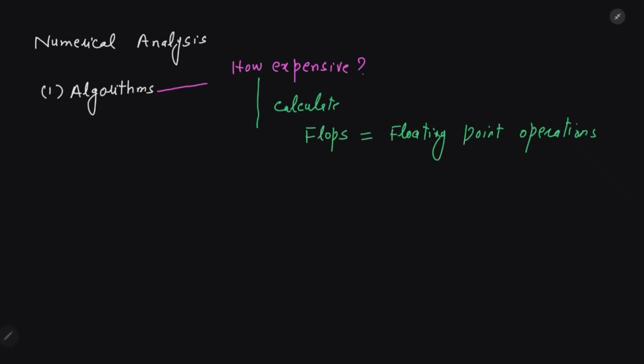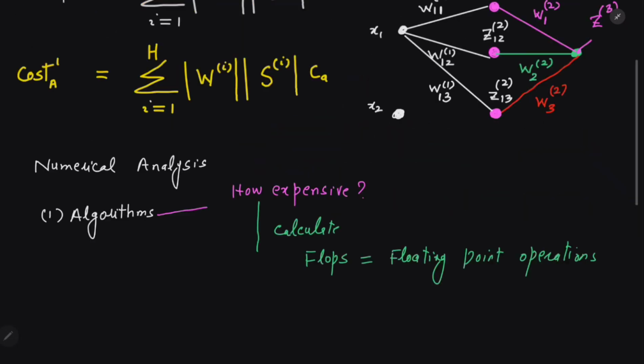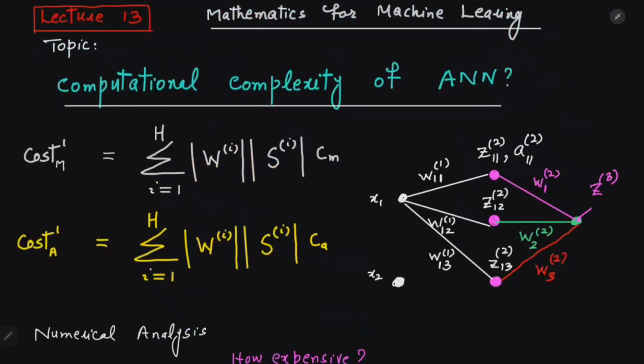Floating point operations tell us how many multiplications, additions, and divisions are required for any algorithm, since this will affect the computational cost of that particular algorithm, right? So, similar to this motivation in numerical analysis, we also have a computational cost for the artificial neural network. So we will talk about that now.